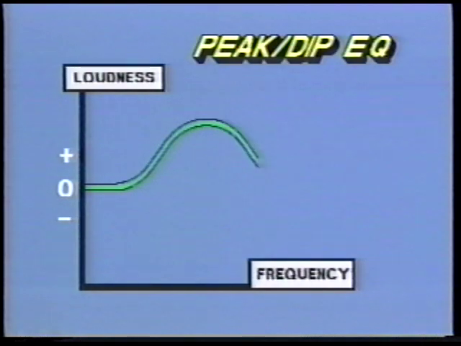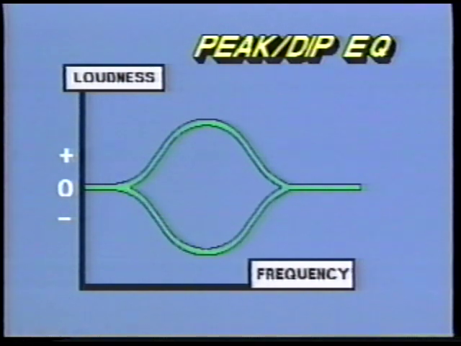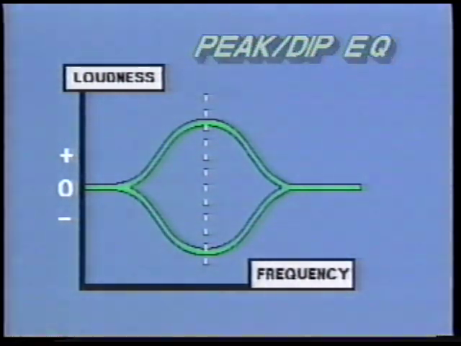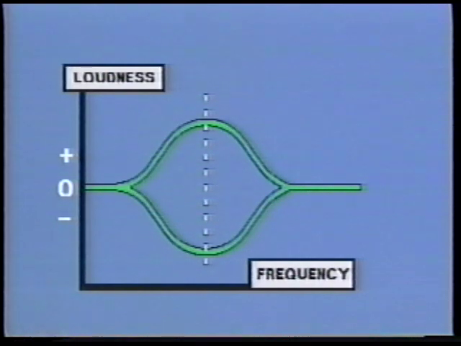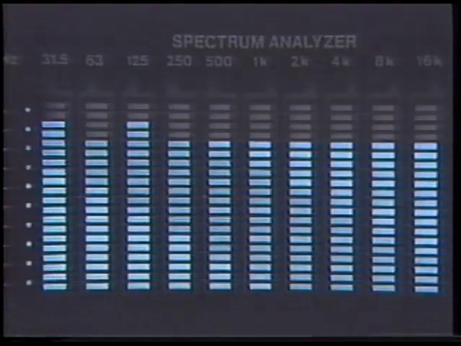A peaking or dipping equalizer creates a bell-shaped curve in the sound's frequency response. The boost or cut is centered at a certain frequency, but will affect a range of frequencies to both sides of the center frequency. A bell-shaped EQ pattern is commonly called a pass band. Now, listen as we dip out a band centered at 1,000 cycles.